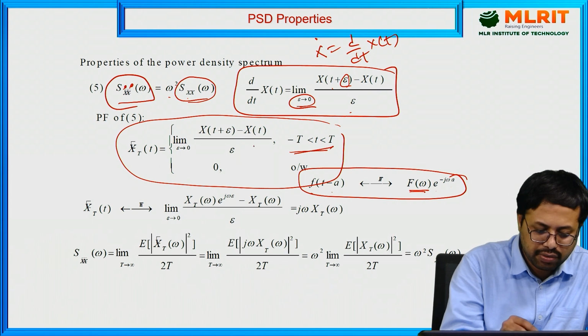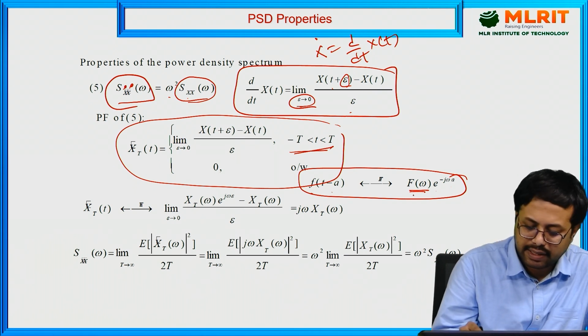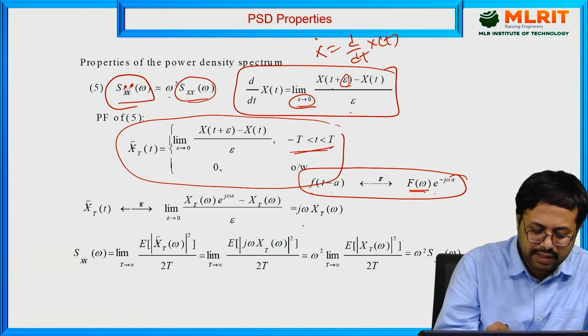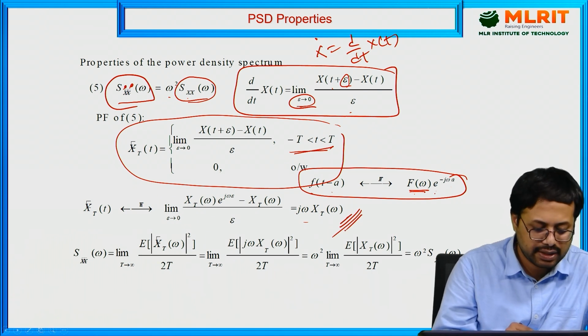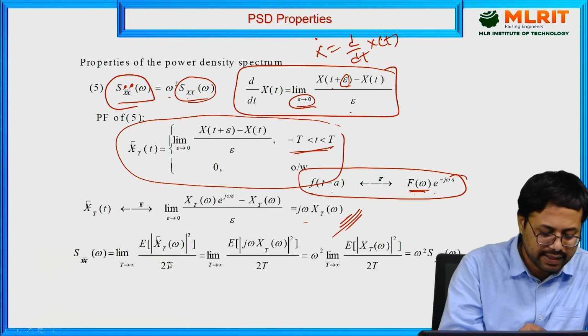Substituting that, you get X_T of omega e power j omega epsilon, and the resultant is j omega X_T of omega. You have to substitute this in the actual definition.